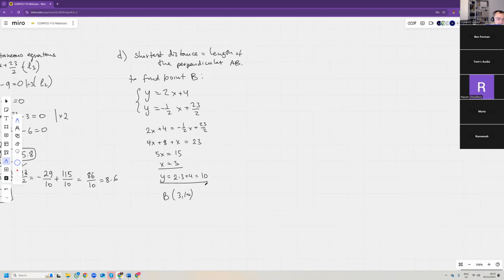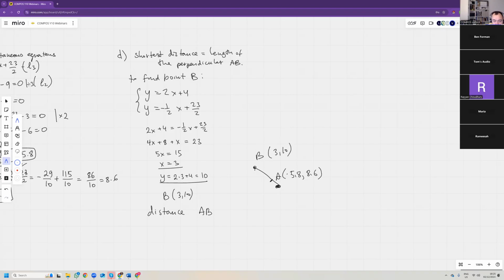Distance AB could be found. So we have A and B. A is (5.8, 8.6), and B is (3, 10).